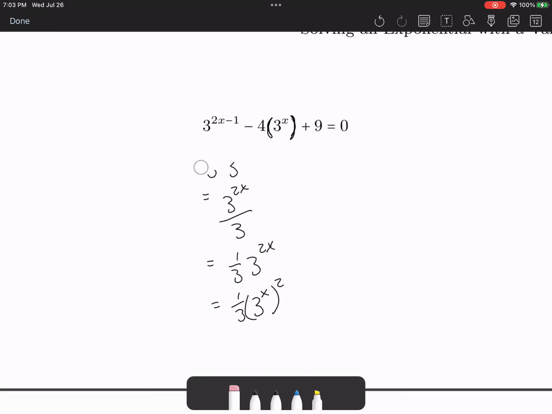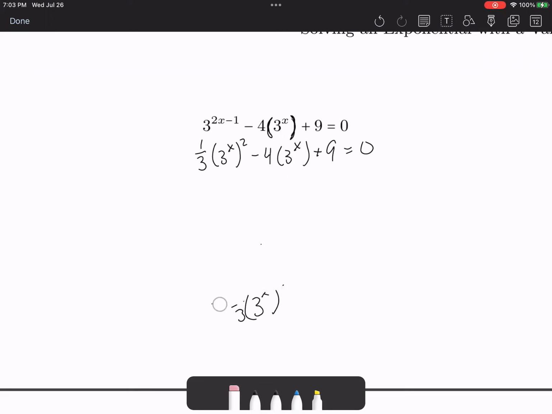Okay, so the reason I did that is because now it's going to become clear what we should do. This term we can rewrite as 1/3 times (3 to the x) squared. Okay?